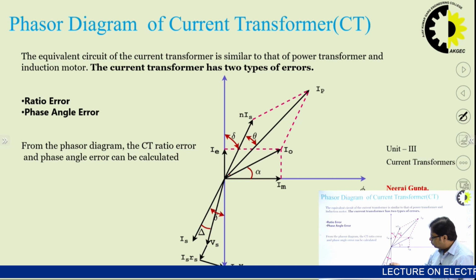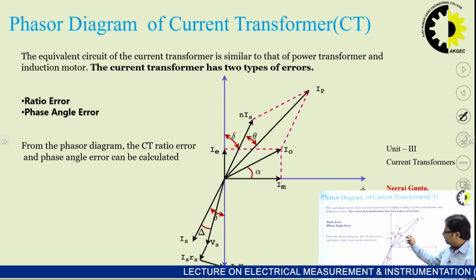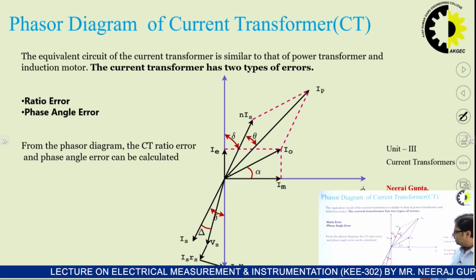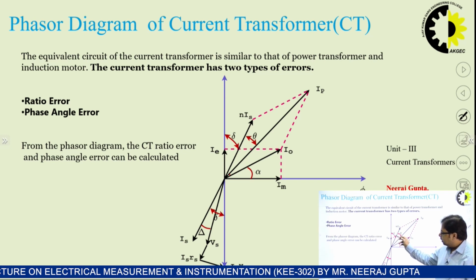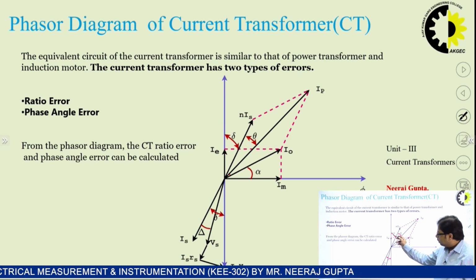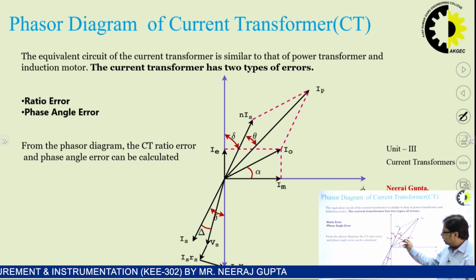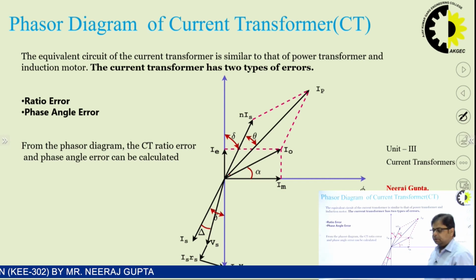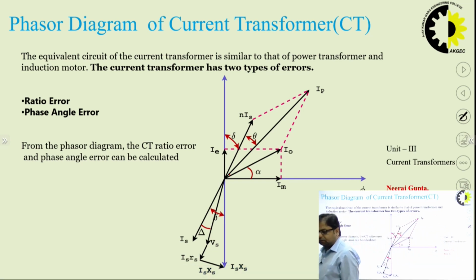If we wish to draw this IS in reference to the primary, it will be drawn in phase opposition to the primary. It is N times IS because it has been referred to the primary side, and this angle with the Vp will be delta. The angle between Ip and the secondary induced current will be the phase angle, that is theta, and the angle between Im and I naught will be alpha.